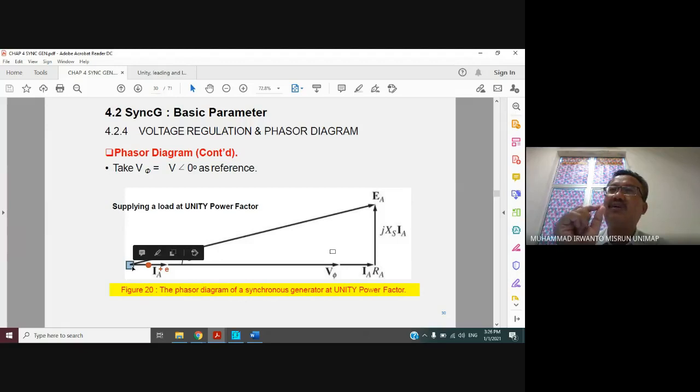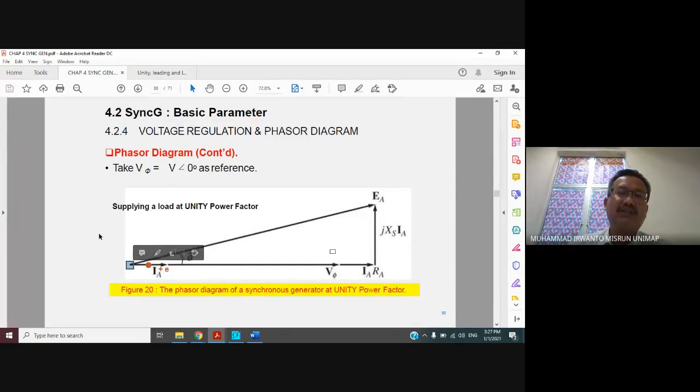From the complex number we can write in phasor form. Phasor form means it has a magnitude value and an angle. So all the voltages must be written in phasor form with their angles.